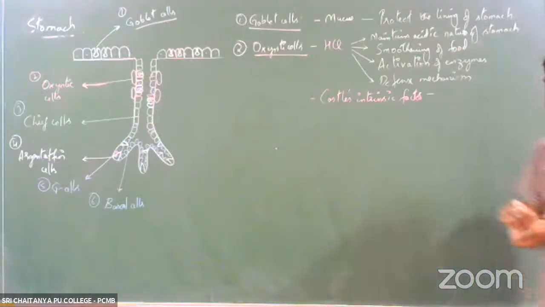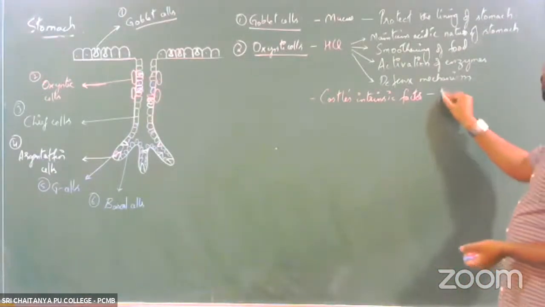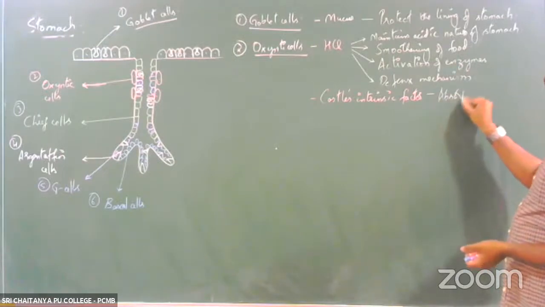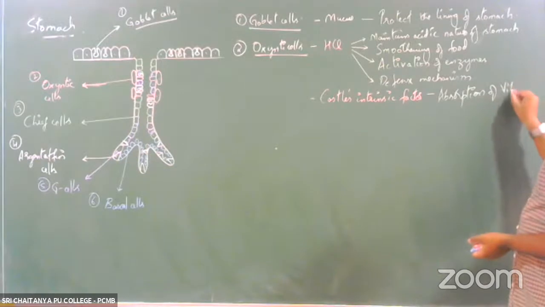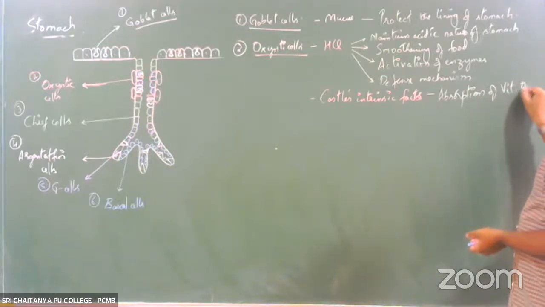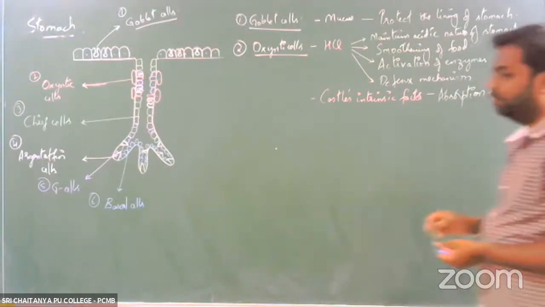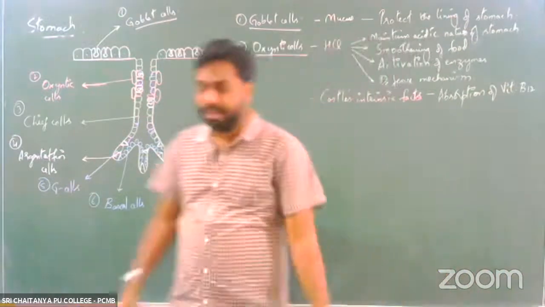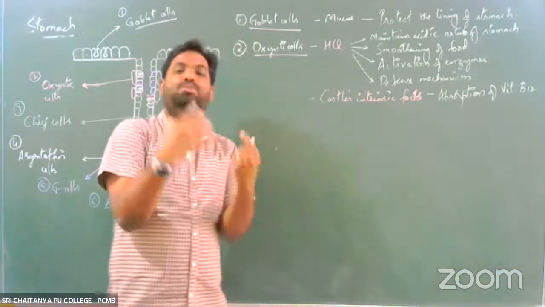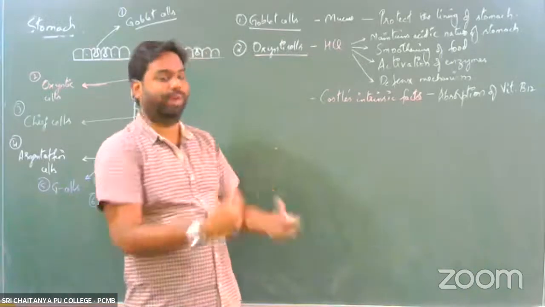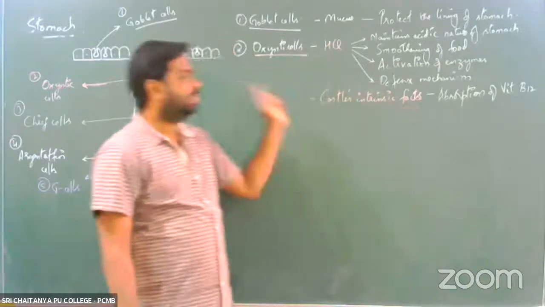It is majorly involved in the absorption of vitamin B12. Vitamin B12 is nothing but cyanocobalamin. For the absorption of vitamin B12 in the food that we eat, this factor plays a very important role.